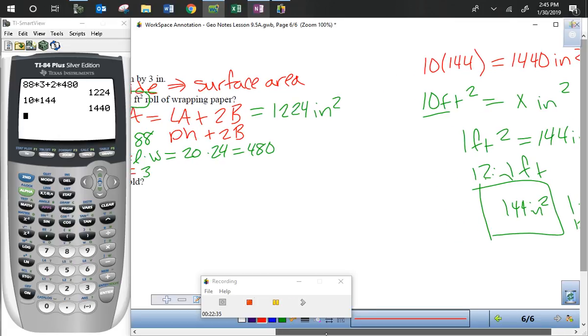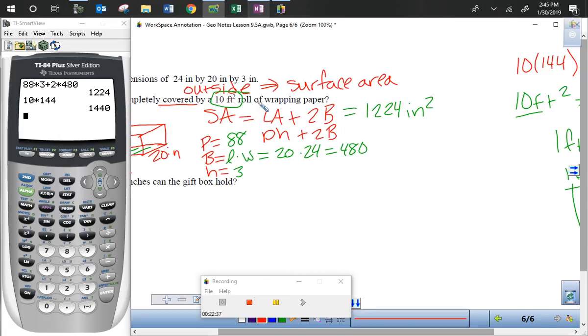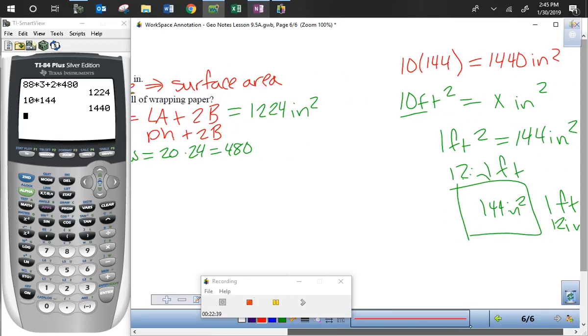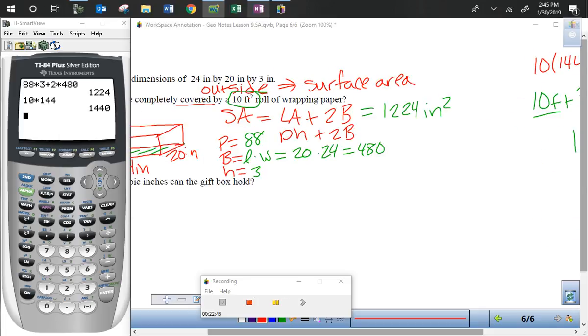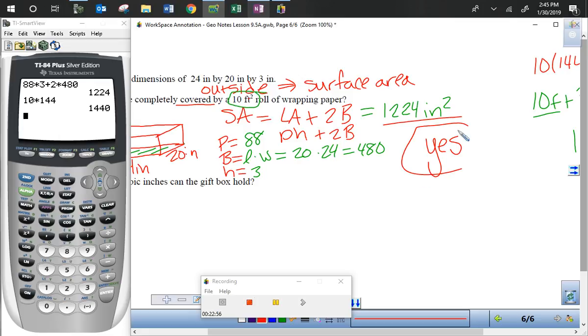So we have 10 feet squared to work with, which makes 1,440 inches squared, and our shape only takes up this much. So when we're asked, will it work, will it cover our shape, we can say yes, because this number is smaller than the number that 10 foot squared looks like in inches.